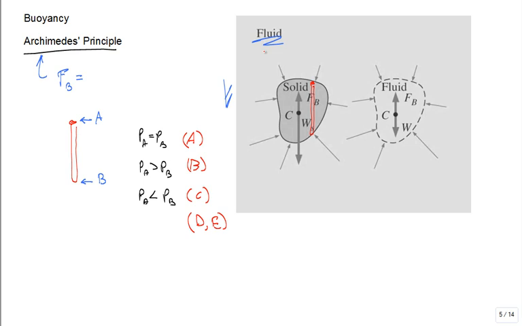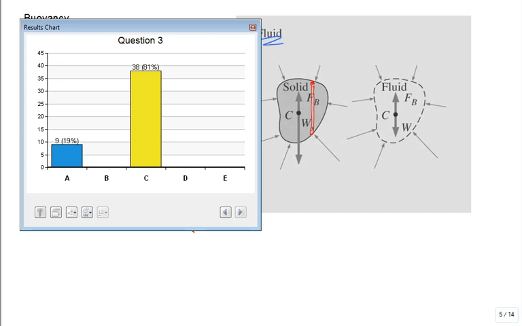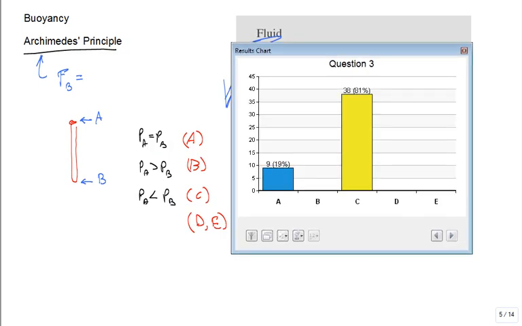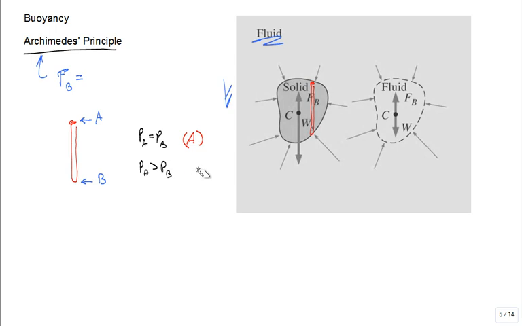All right. So a lot of people say the pressure at the top is less than the pressure at the bottom. They're correct. Now, let's say this is the pressure A. What is the pressure at B equal to?